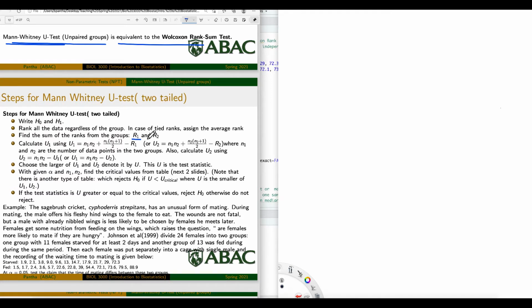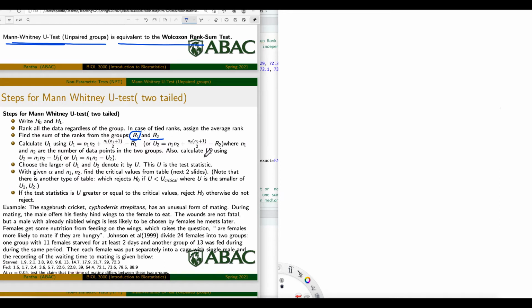We denote them by R1 and R2. The sum of the ranks in the first sample is R1, and the sum of the ranks in the second sample is R2. Calculate U1 as N1 times N2 plus N1 times (N1 plus 1) over 2, minus R1. That means the sample size of the first sample times the sample size of the second sample, plus that term, and then minus R1, the sum of the ranks in the first sample. Similarly, you can find U2 that way, where N1 and N2 are the number of data points in the two groups.